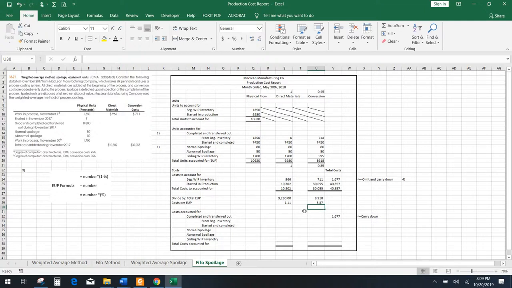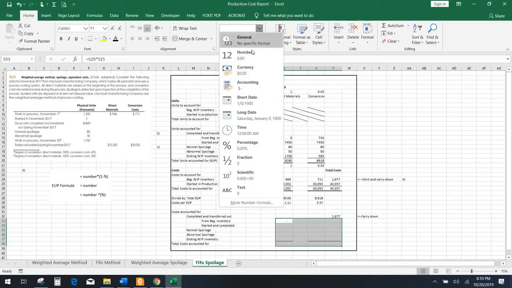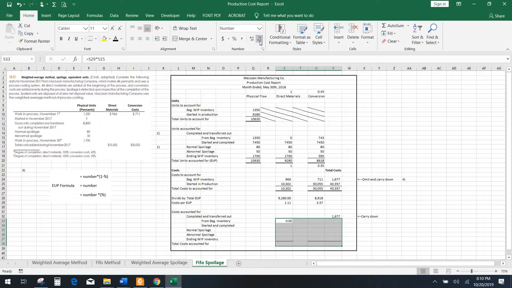Okay, now all we have to do to get the remaining cost is take this cost per EUP and multiply it by the EUP for each one of these numbers. So for the beginning inventory it's cost per EUP multiplied by beginning inventory 0. Okay, this equals cost per EUP multiplied by started and completed.